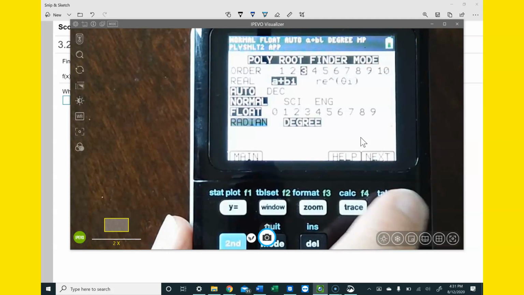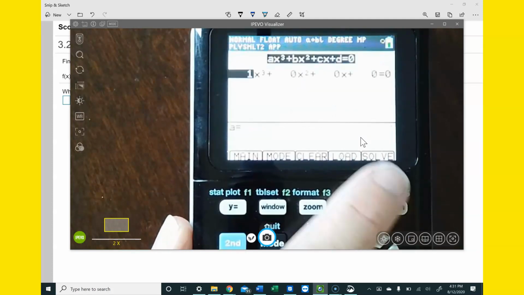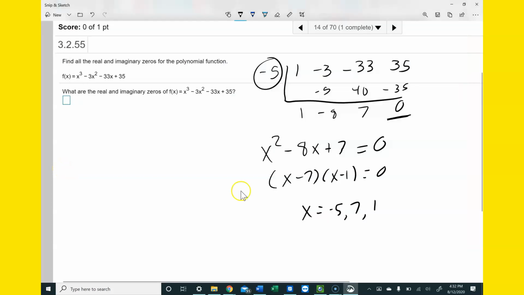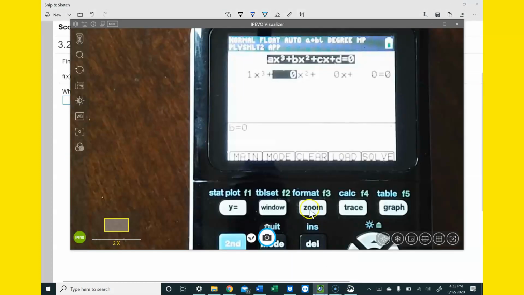I click next by clicking the button below next. I can click graph. That's the button below next. I type in my coefficients, which are 1, then negative 3, negative 33, and 35.